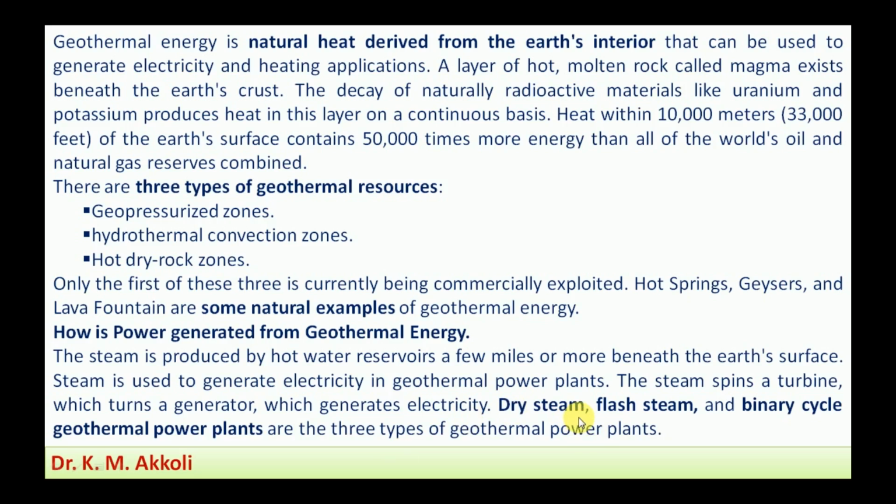Directly dry steam we are going to get, and that is used for running the turbine. Secondly, we can use flash steam. That means hot water is available, and that can be flashed to steam. That means it passes through a constriction, and there it suddenly expands from high pressure to low pressure, thereby it will be converted into steam.